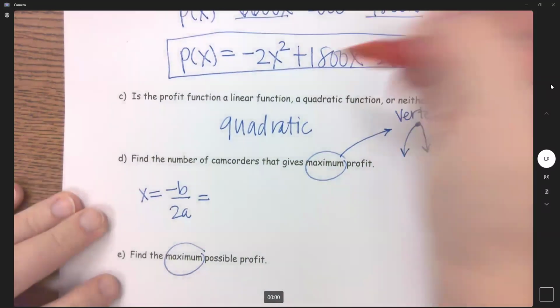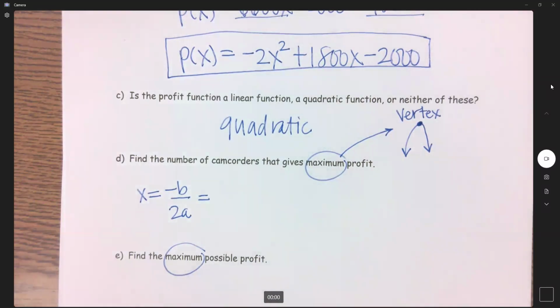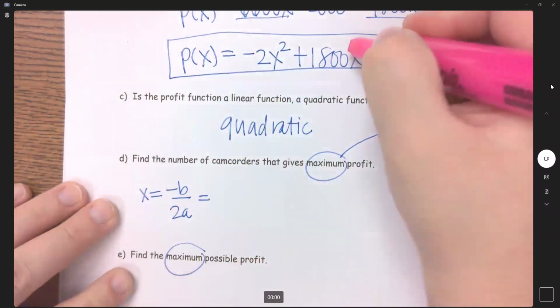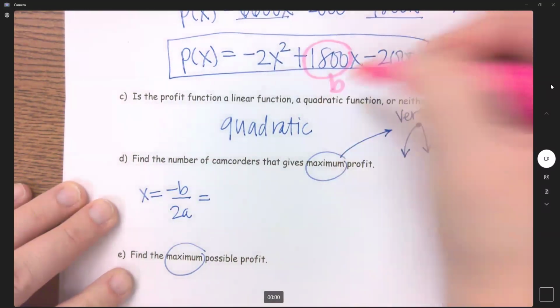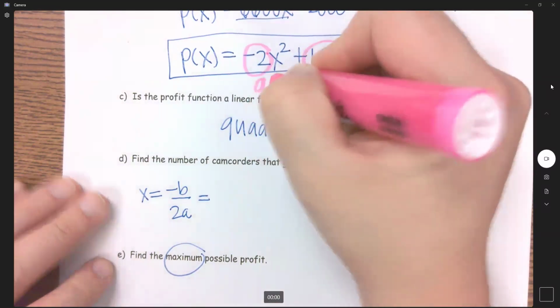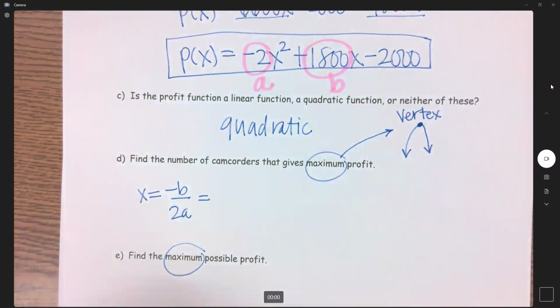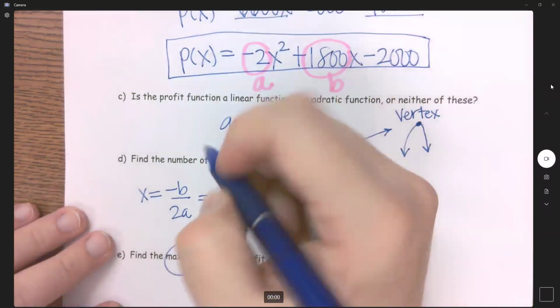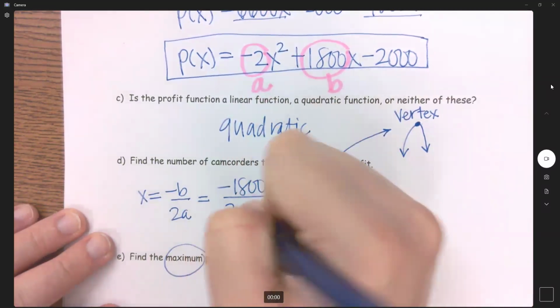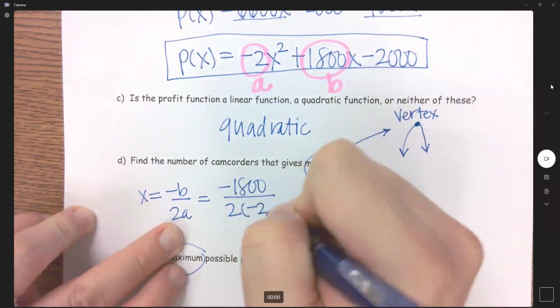So my b in this profit function is 1800, and my a is negative 2. So my negative b would be negative 1800 over 2 times negative 2.